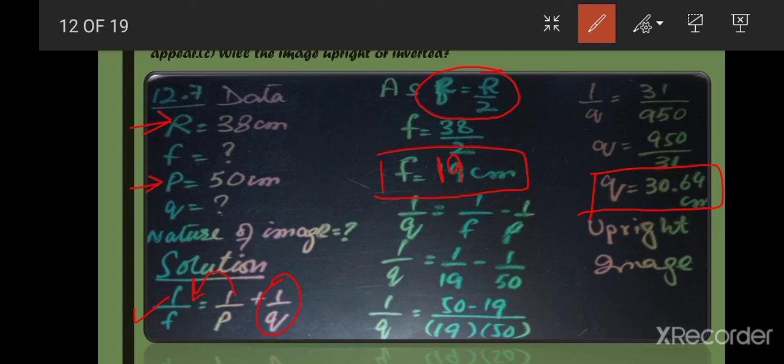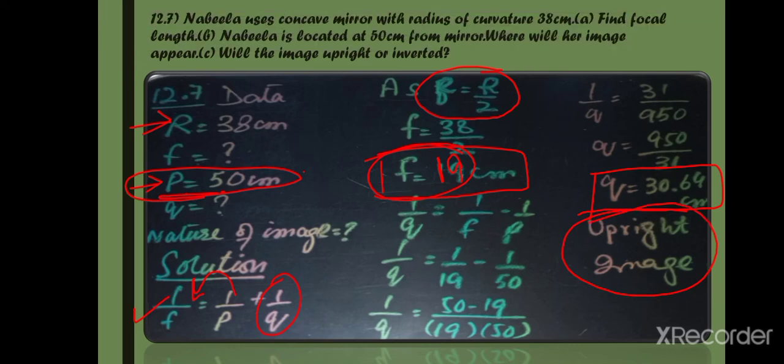In this case, the image is upright because it is positive, and here you can see that P is 50 centimeters and F is 19 centimeters. It means the object is located outside the focal length, so the image will be upright.